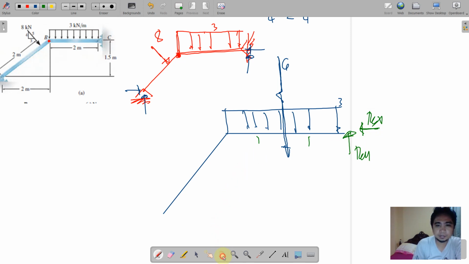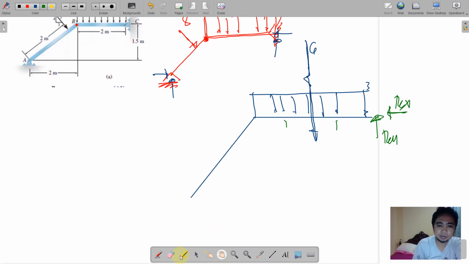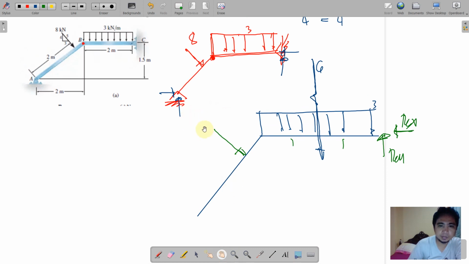So next, we wanted to place here the loading, which is 8 kilonewton. So ang next na gagawin mo, kung may diagonal, sabi nga natin, i-express mo na siya sa kanyang component.